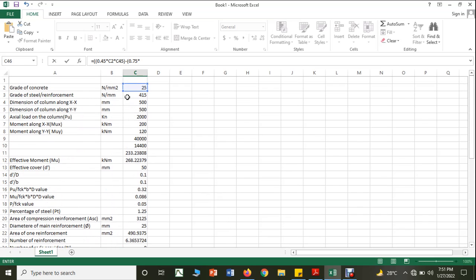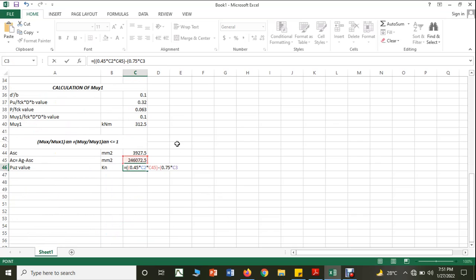What is fy? 415 into Asc. What is Asc? This value. So I can close the bracket and divide by 1000, so that I will get the value of PUZ as 3990 kilonewton.